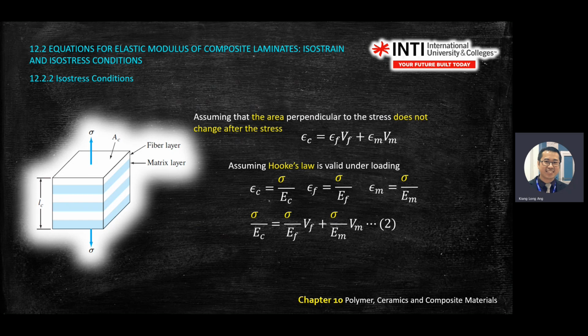If you want to focus on strain, you pull the E to the left-hand side, so you get stress divided by E. So the strain of fiber will change to stress divided by EF. Because in this case we are in isostress, all the stress will be the same, right? So it will change to the yellow color stress, like you see on the screen here. Then we get the second equation.